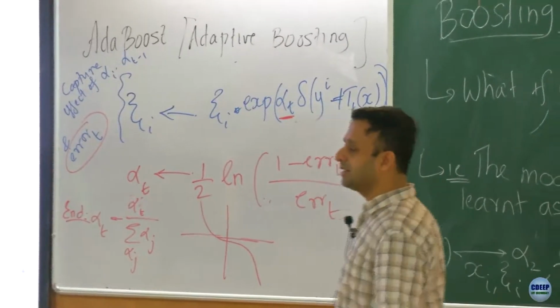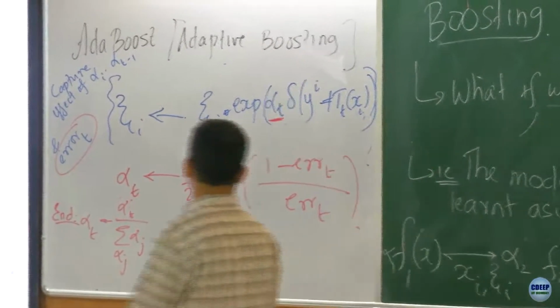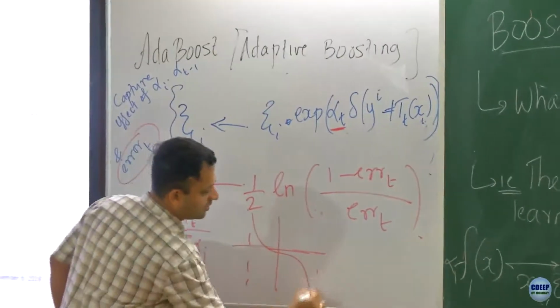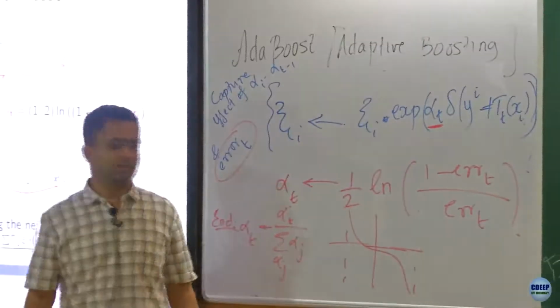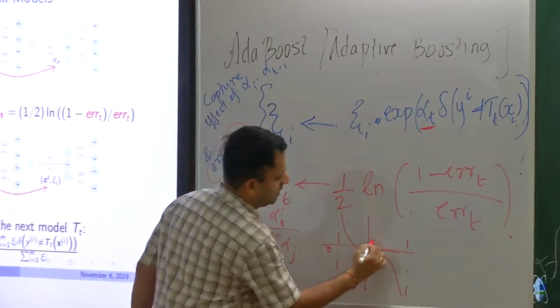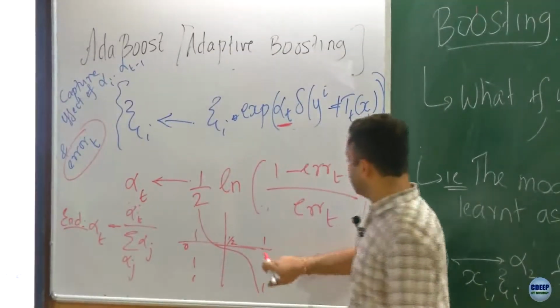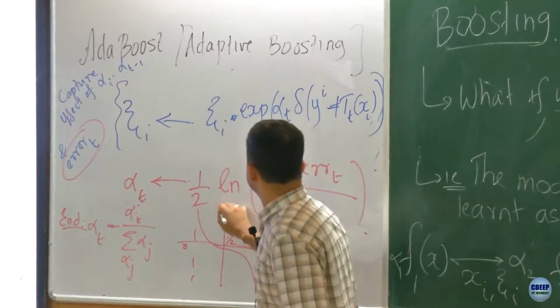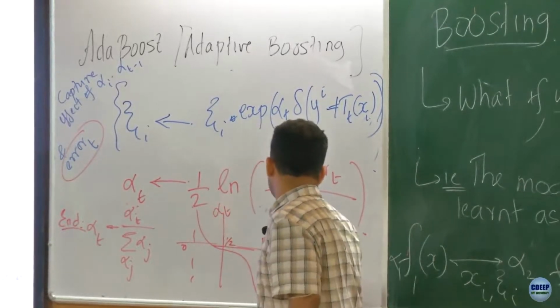Error should lie between? So you can think of this as 0 and 1. This is 0 and 1. This is half. But this is how it should be looking like. Sorry, this is alpha t. This is error t.